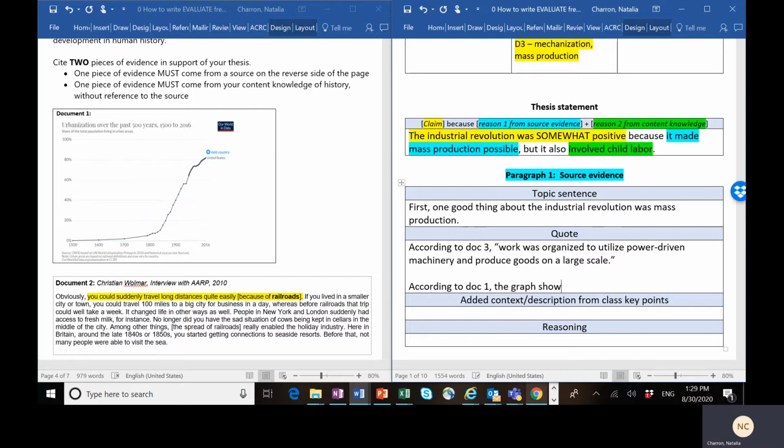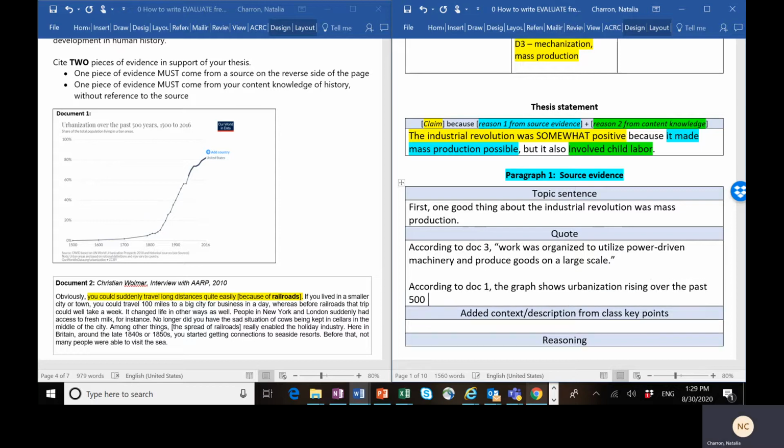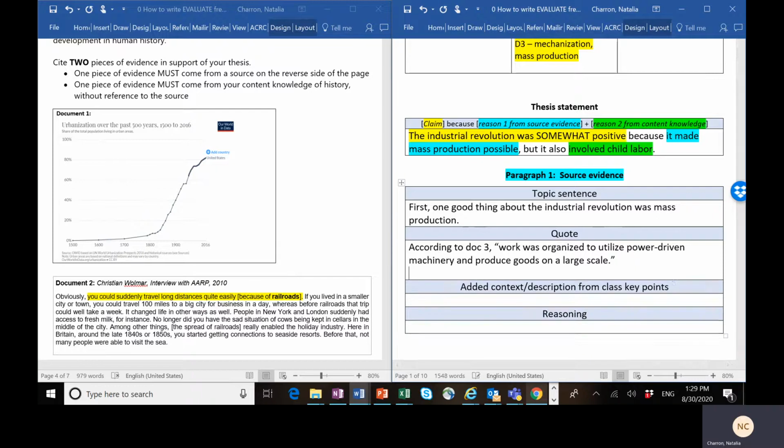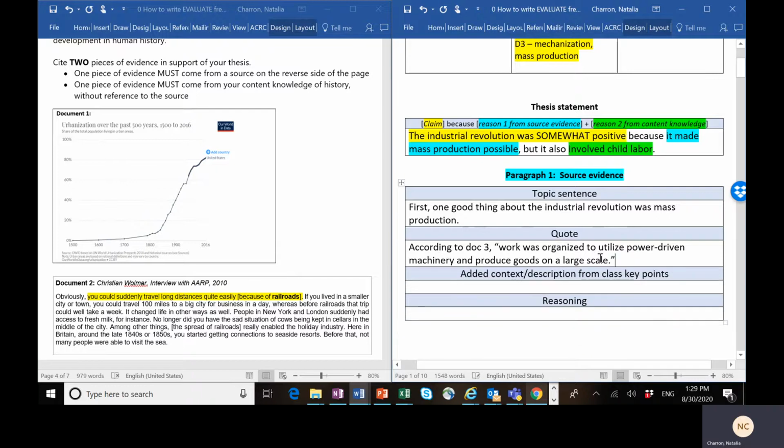The graph shows urbanization rising over the past 500 years, and it goes up a lot after the Industrial Revolution. Right. So if I'd written something like this for a picture, that's totally fine. But we're going to go with document 3 for our response, so we'll keep this quote here.